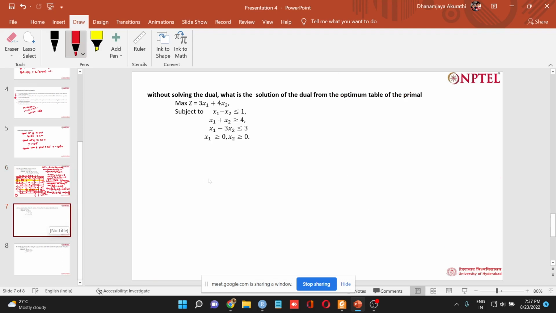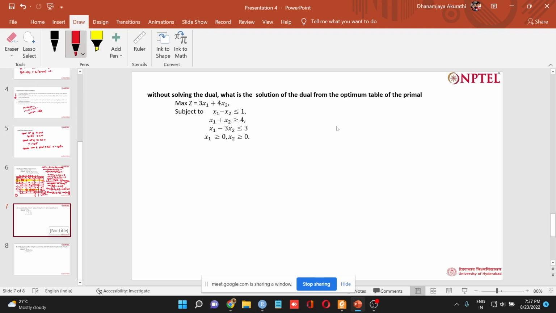So here is the question they had given: assuming it is a primal, and without solving the dual, what is the solution of the dual from the optimal table of the primal? That means they are asking to solve this primal problem, and without solving the dual, just asking about the solution of the dual.